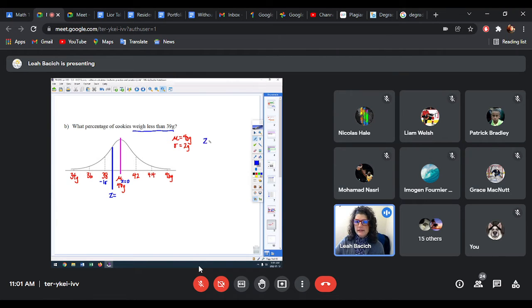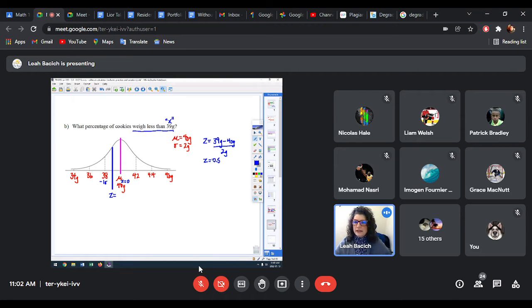So Z is equal to, this is the weight of interest, 39 grams minus 40 grams, just to show you why the Z-score doesn't have units, over 2 grams. All the grams cancel out. So I end up with 0.5 for my Z-score.